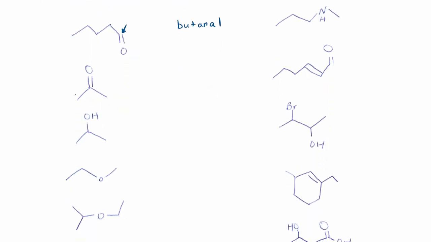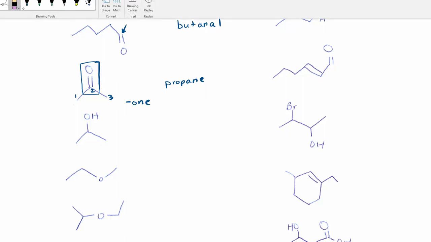This next one looks like propane down here. The backbone is 3 carbons long. So we would name that propane, but we have a functional group, and that functional group is a ketone. Ketones add the ending ONE, and we pronounce that own, not one.